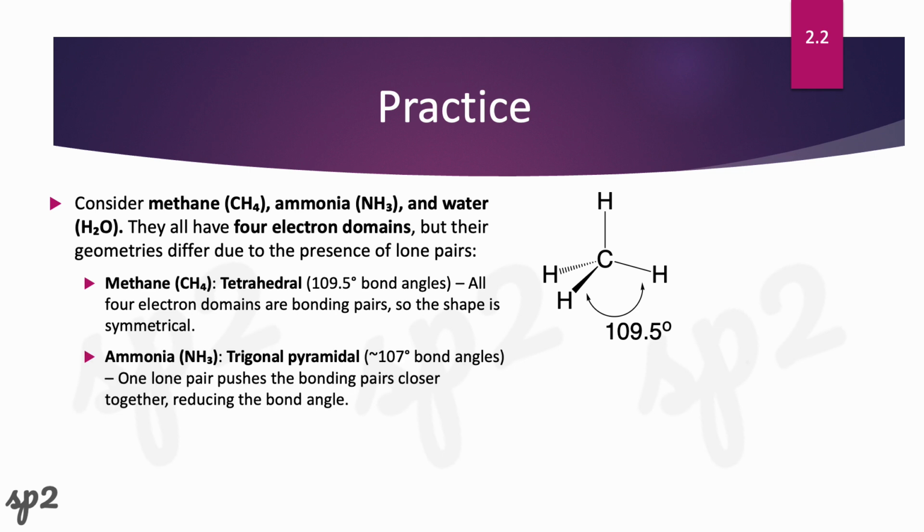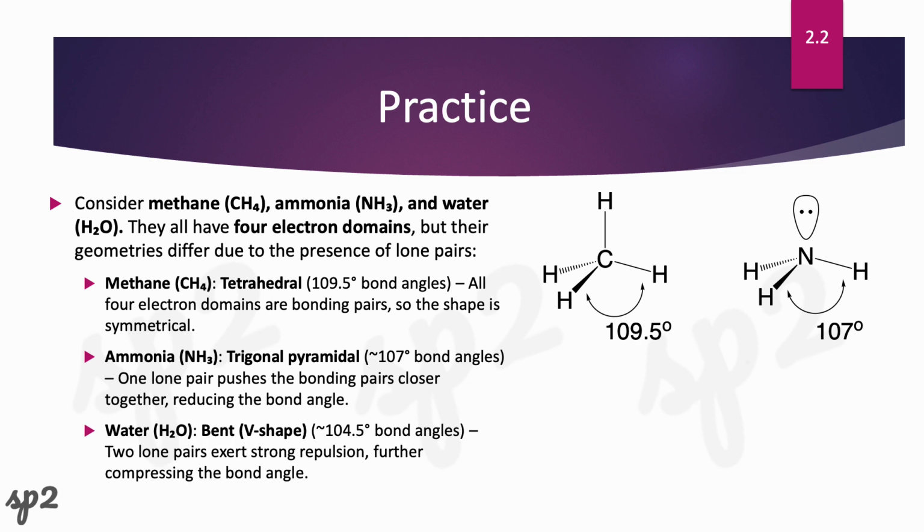Now, if you're looking at ammonia, this is going to give us a very different geometry known as trigonal pyramidal, right? And that is because the one lone pair is going to push the bonding pairs closer together, reducing the bond angle to 107. And if you look at water, bent, right?